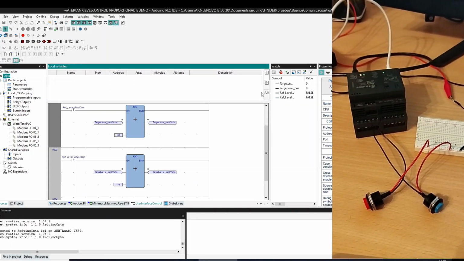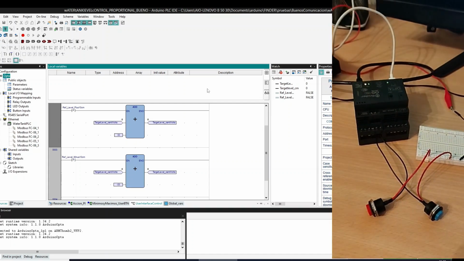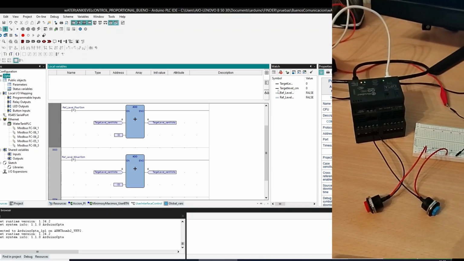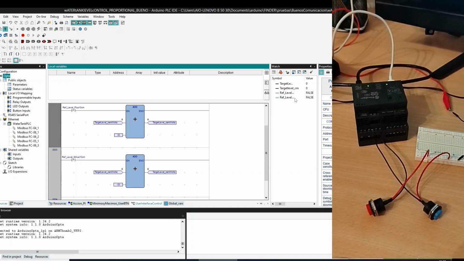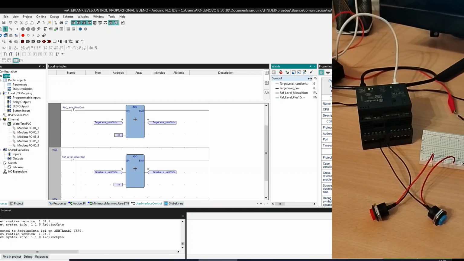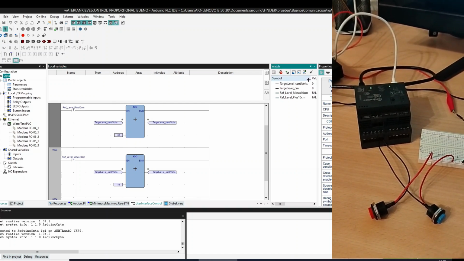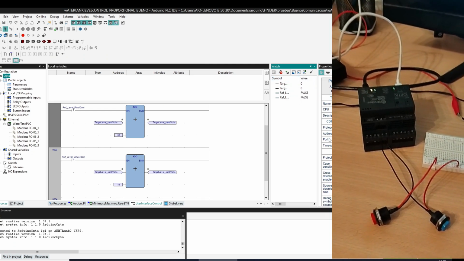Okay, so now, as you can see on the image, we have installed a couple of buttons to increase and decrease the target level. And then we have also loaded this program into the Arduino, and we are tracking the variable values. We are tracking the target level in centivolts and in centimeters with the conversion that we mentioned earlier.